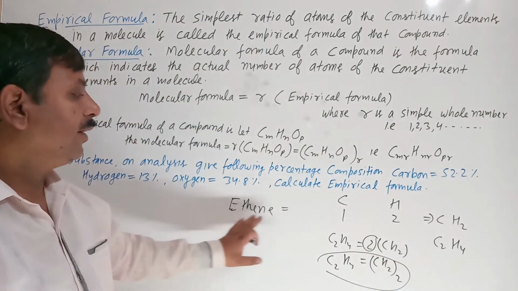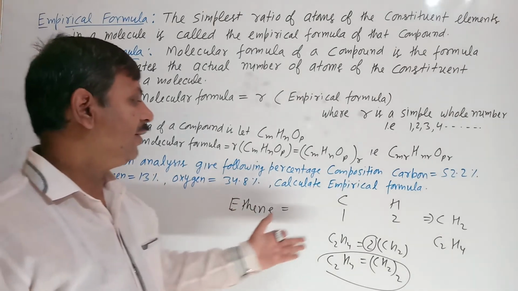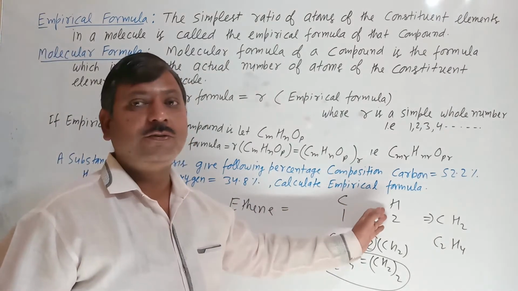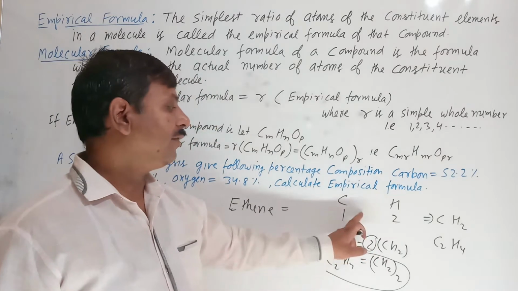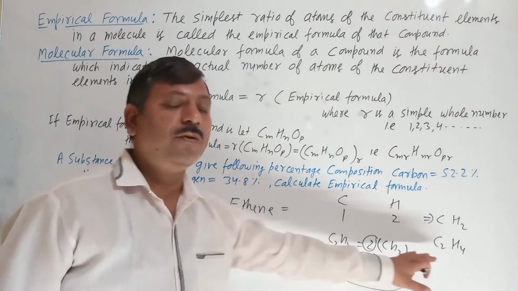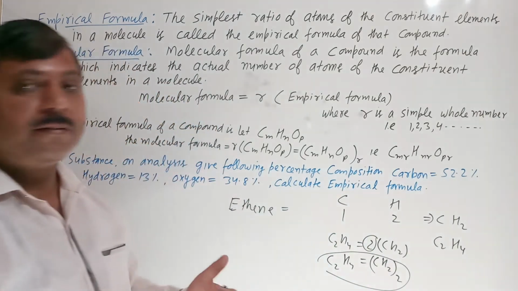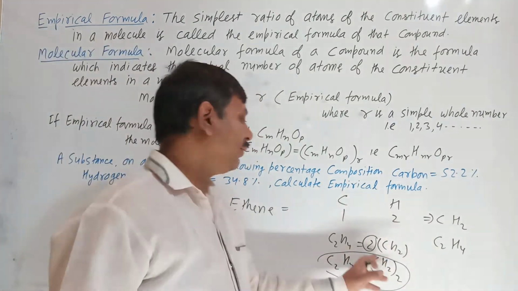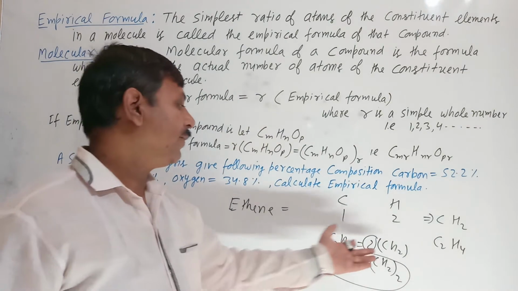Okay. In the case of ethene, what we have seen, CH2 simple, this is empirical formula, simple ratio 1:2. But when we will go for the molecular formula C2H4, so it is 2 times of empirical formula.